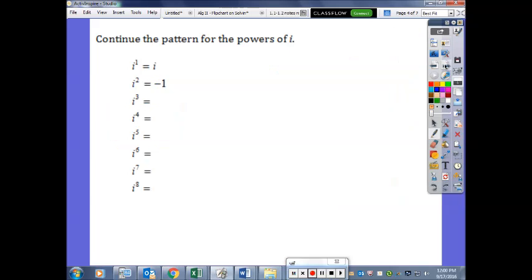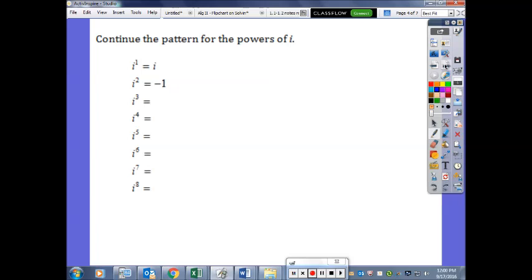Now let's take a look at what happens when we take i and raise it to higher and higher powers. i to the first power is itself, of course, right? i squared, by definition, is -1. We talked about that.